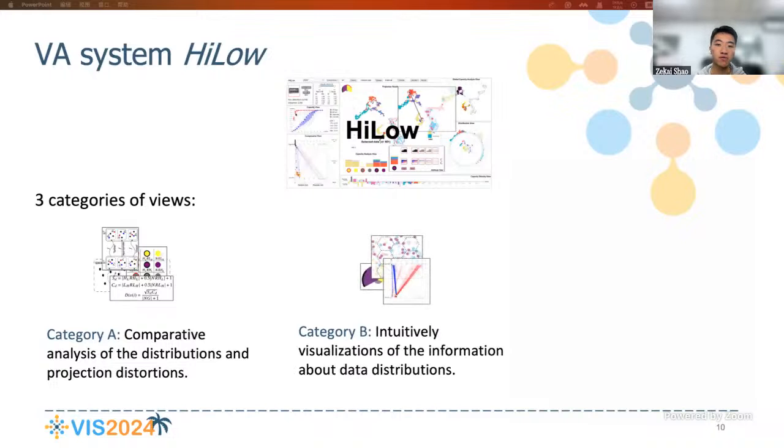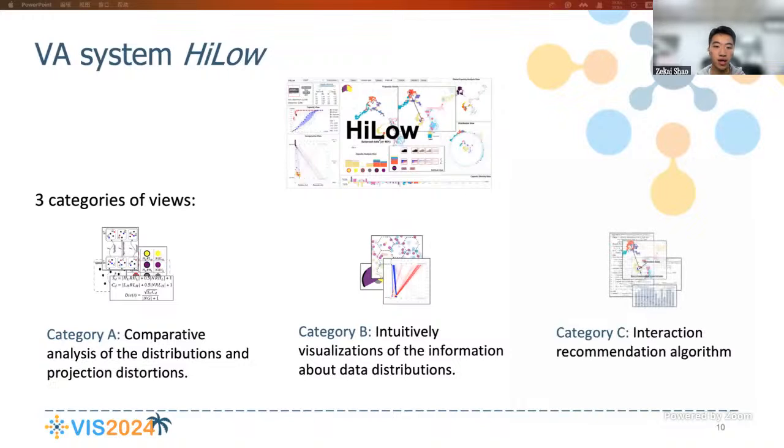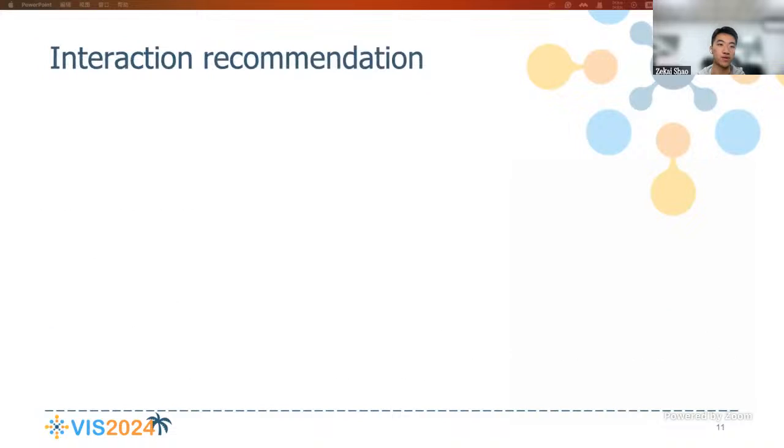And the second category of views focuses on comparative analysis of the changes in the high-dimensional and the low-dimensional distributions and visualizing the information related to the projection errors. And the third category of views is related to our specifically designed interaction recommendation algorithm. And I will introduce this soon.